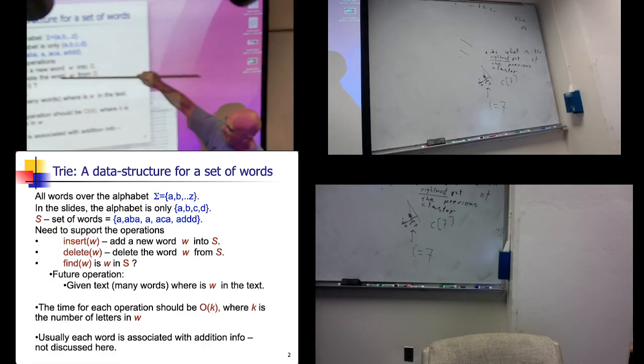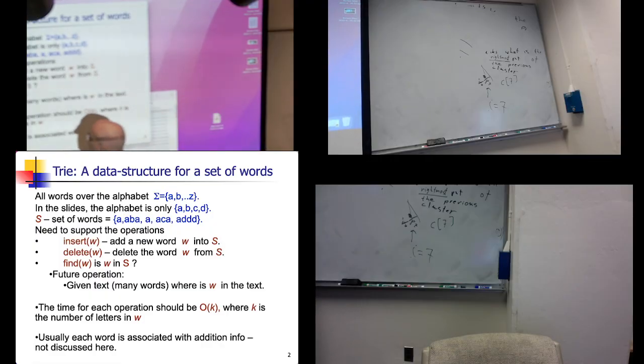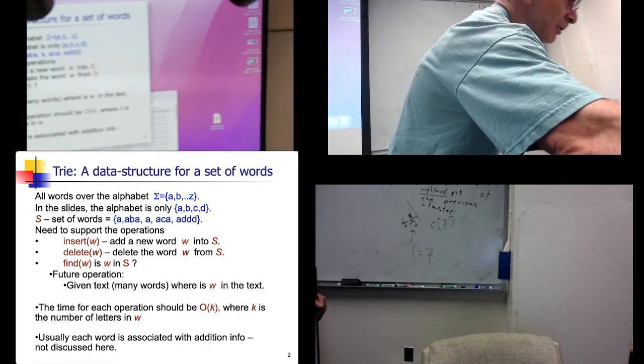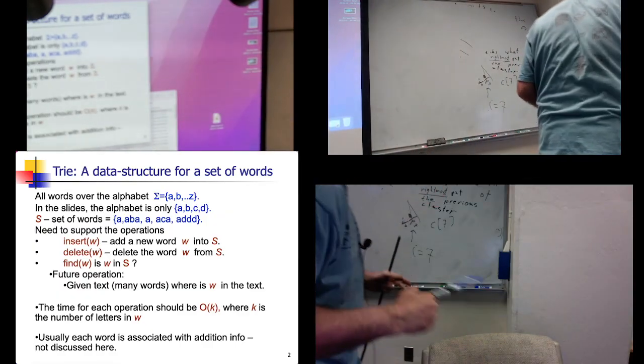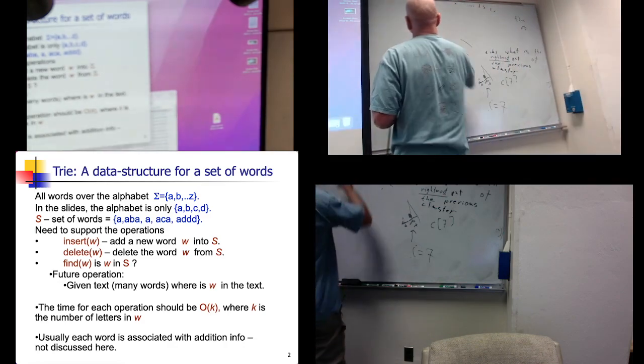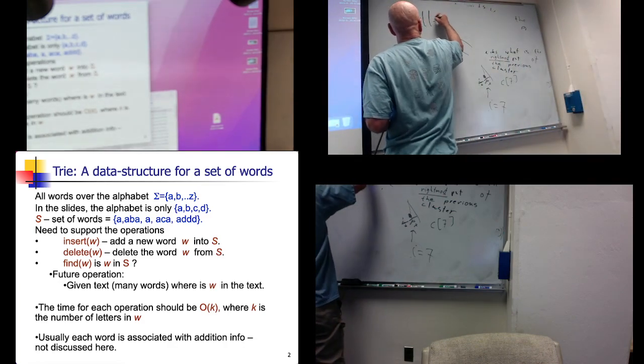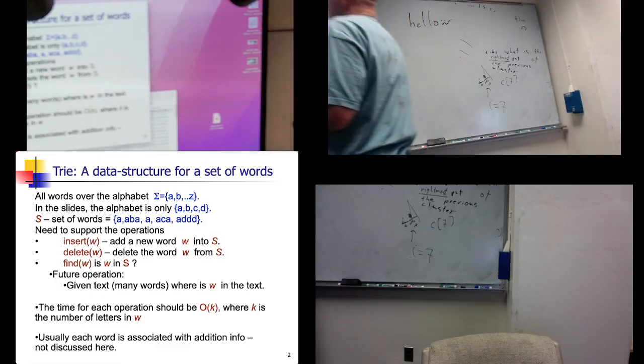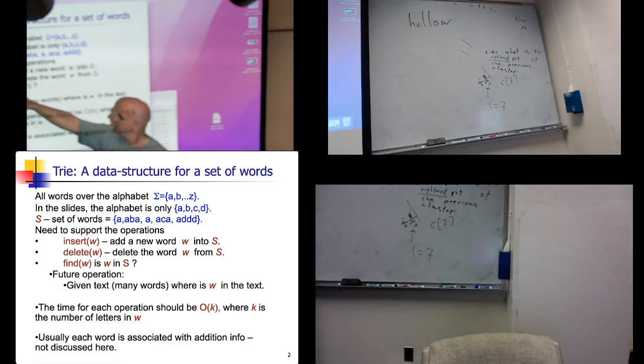The student might have left the university, so I want to delete the student. Or I'm playing Scramble, and I want to ask if hello, spelled in this way, is a word in S or not.